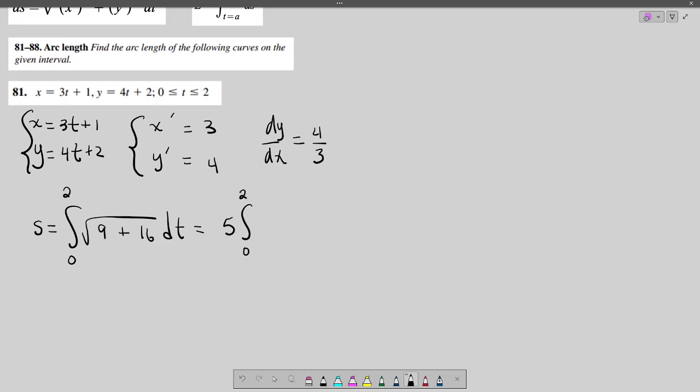We end up turning that into a 5, so we have this. So what is our final answer? 10. So we know by now that if you integrate a differential on an interval, you get the length of the interval. So we get 5 times 2, which is 10. So that is how we're going to find the arc length of a parametric curve.